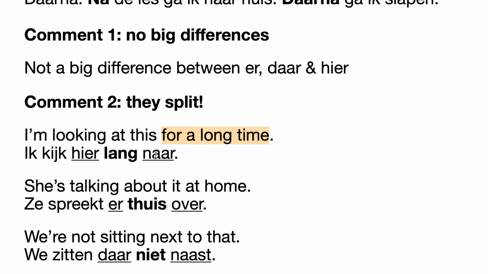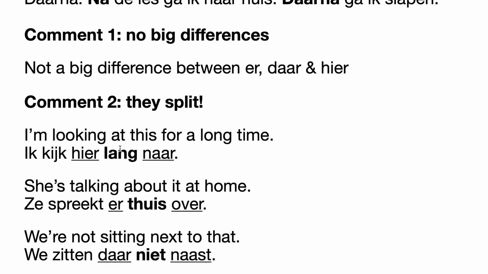And yes, on top of this hiernaar being really weird, you have to put other words in between them. And that is very confusing because if you didn't watch this video and you've never heard of this hier and the daar, I'm looking here long to. That doesn't really sound right. No, it means I'm looking at this for a long time.